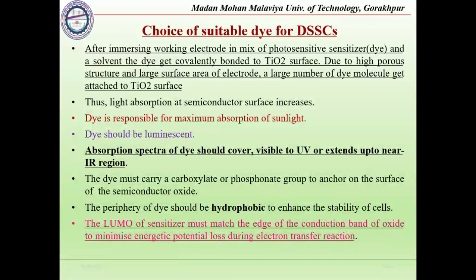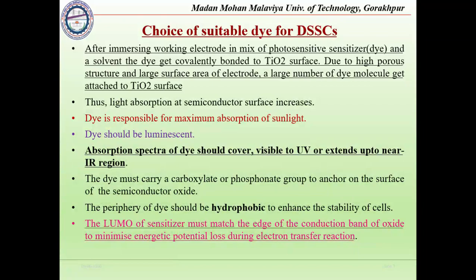Further, what is LUMO? LUMO is the lowest unoccupied molecular orbital. The lowest unoccupied molecular orbital is at the higher energy state of the molecule, because at normal temperature all the electrons remain in their home, the ground state. Therefore the ground state is the highest occupied molecular orbital and the excited state is the lowest unoccupied molecular orbital.